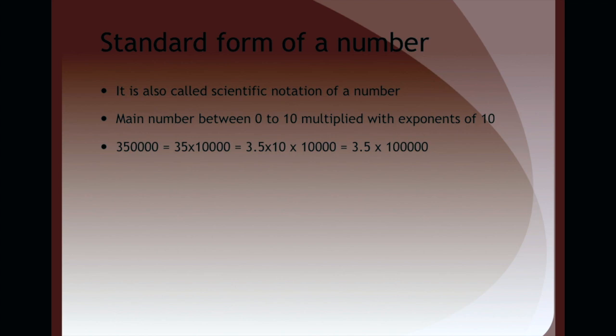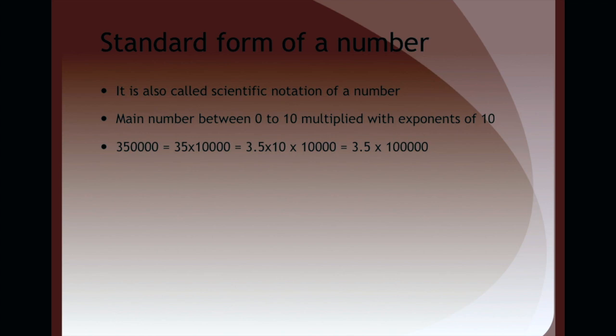So in general, we can write 35 into 10,000, as we have done in earlier slides, how to write a number into expanded form. So 35 into 10,000 is the expanded form, but we don't want 35, we want a number between 0 and 10. So we can convert this 35 into 3.5 multiplied with 10.